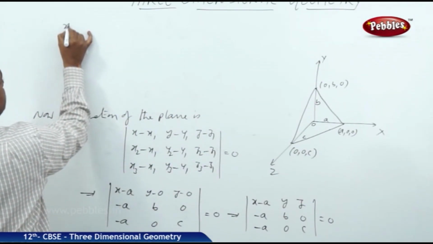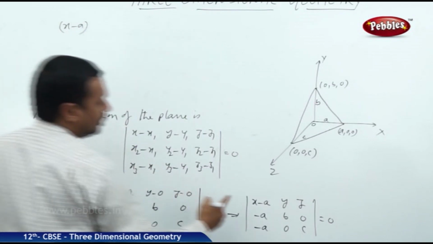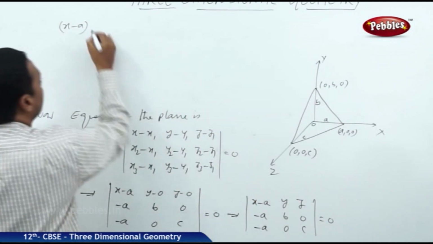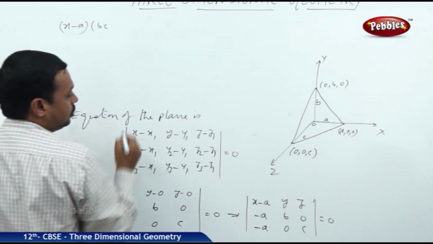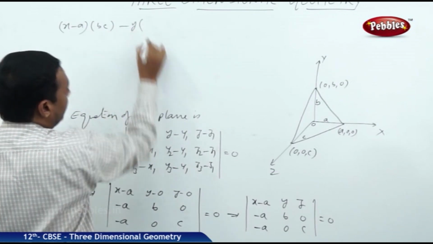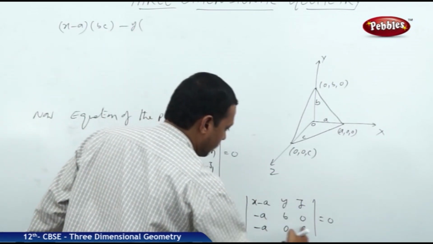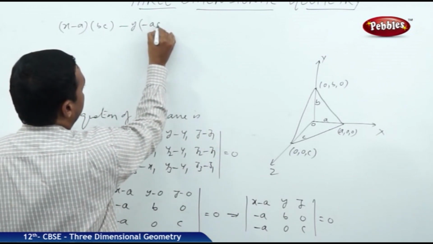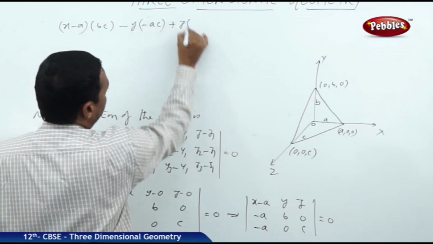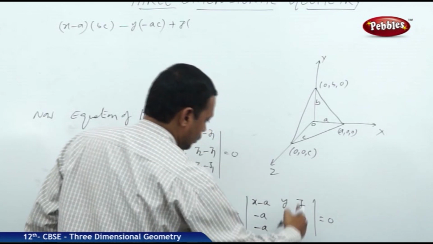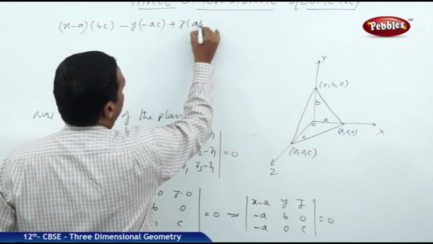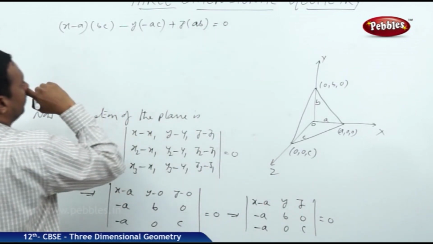Now the equation is x minus a into, deleting the corresponding row and column, that is bc minus 0, minus y into minus ac, plus z into plus ab, is equal to 0.